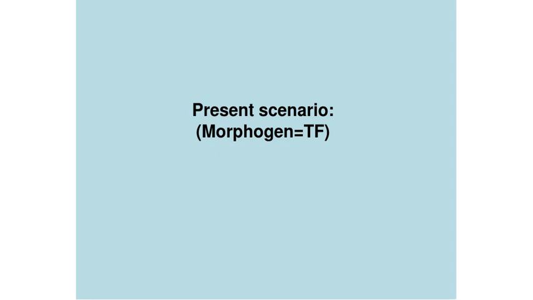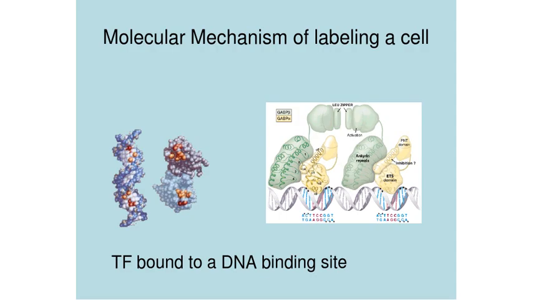So I present a scenario based on a transcription factor. So just to remind you, a transcription factor is a molecule that can bind to the DNA so that it can express specific messenger RNA, which expresses a protein of interest. And they are very specific.